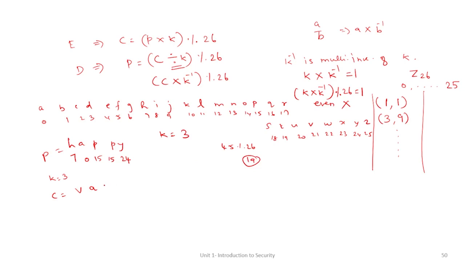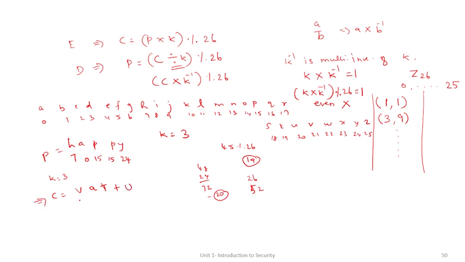So the 19th letter is T. So the answer is T for the consecutive 2 letters. 24 into 3, so 48 plus 24, it is 72. So if you take 26, 26, 26, 52, and subtract it, the answer is 20. So the 20th letter is U. So this is for the ciphertext.